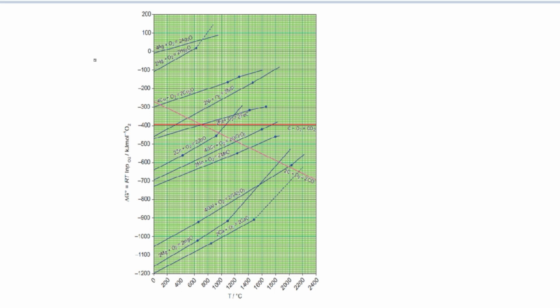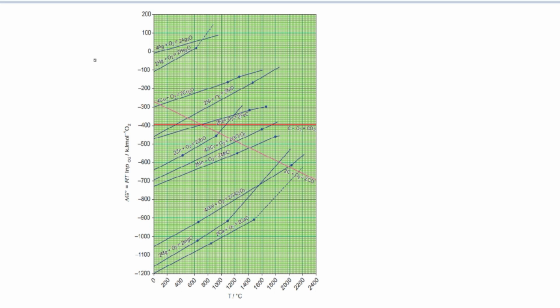For example, aluminum oxide can be reduced to aluminum by calcium. So the top line represents metal oxide that can be reduced. The lower line represents the metal that can be used as reducing agent.